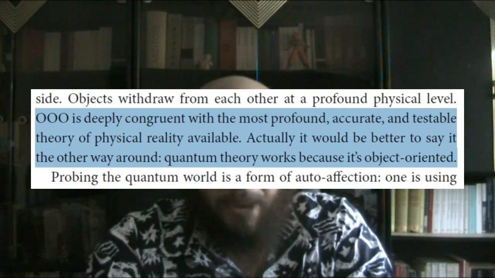Actually, it would be better to say it the other way around. Quantum theory works because it's object-oriented. And just like in quantum mechanics, you can't try to understand global warming using the ways of thinking from classical mechanics, where you think that the world can be divided into different parts that are separate and distinct from each other, but interact in some sort of harmonious whole.